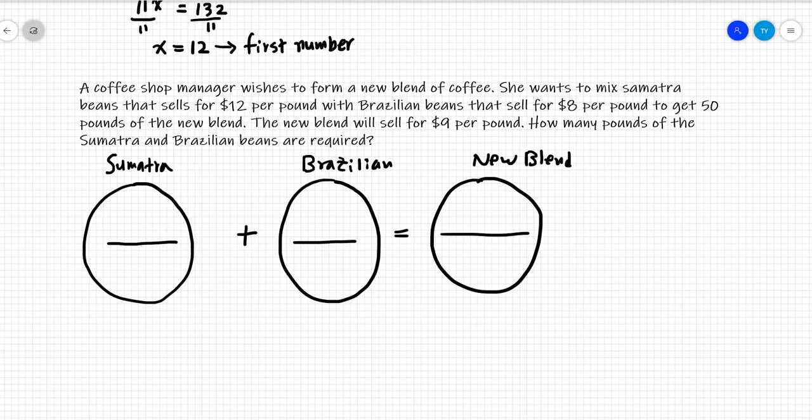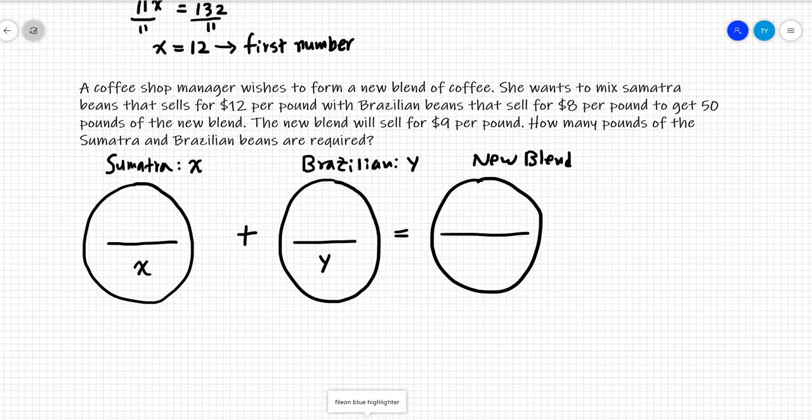So what we have here is that we need to know the quantity. Okay, so let's just call the Sumatra X, and the Brazilian is going to be the Y. Okay, so I'm going to write the quantity at the bottom. So whatever the quantity I have, X, and the Brazilian I have, the total is going to be 50 pounds.